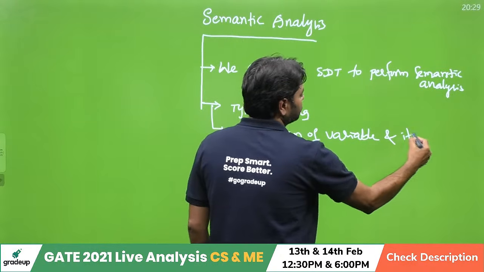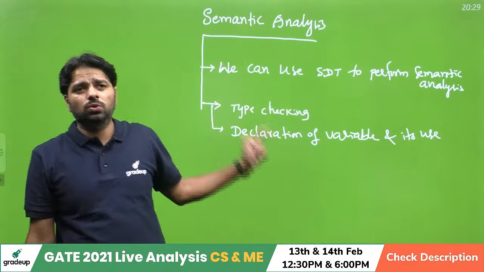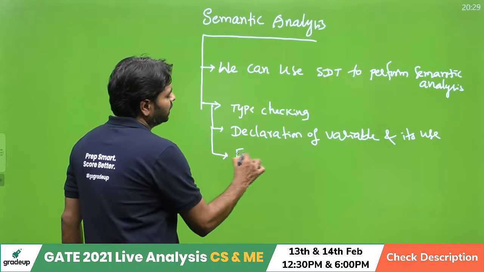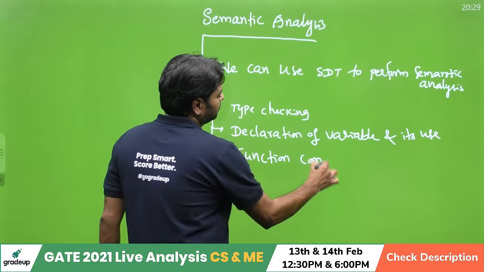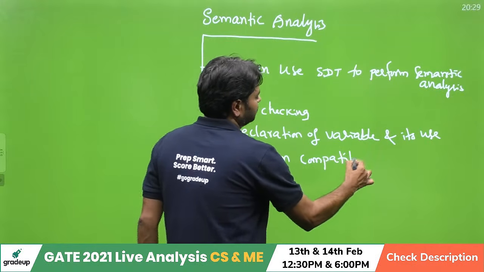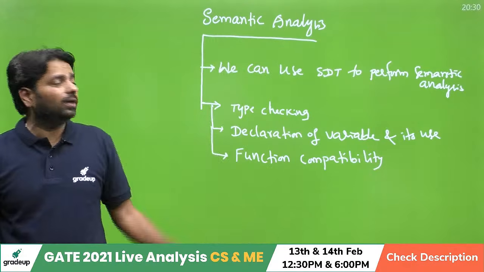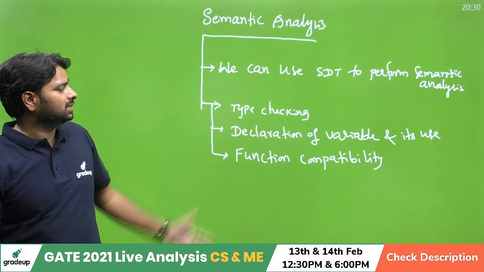If you are using a variable but not declaring it, then semantic analysis is going to generate a semantic error. Then there is function compatibility: you are passing two parameters, but there is only one parameter in the definition. It's going to generate an error using semantic analysis.